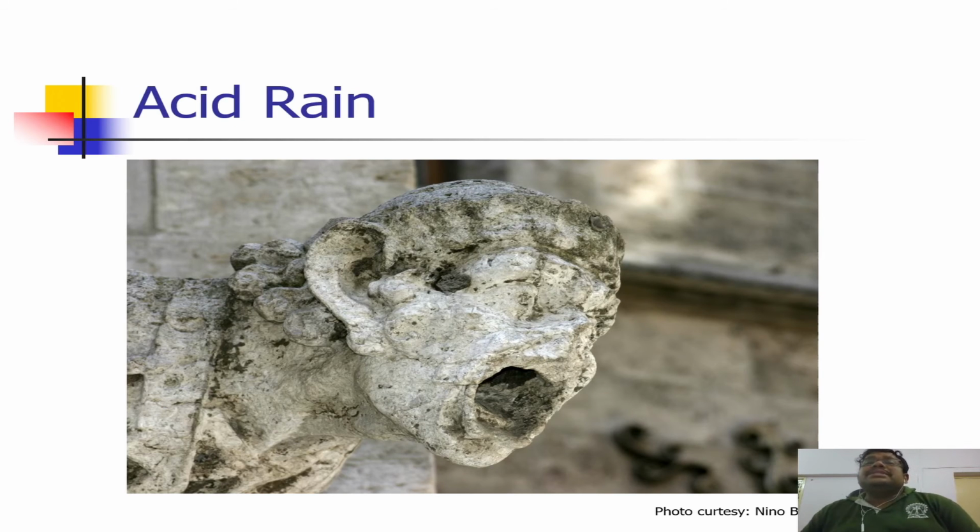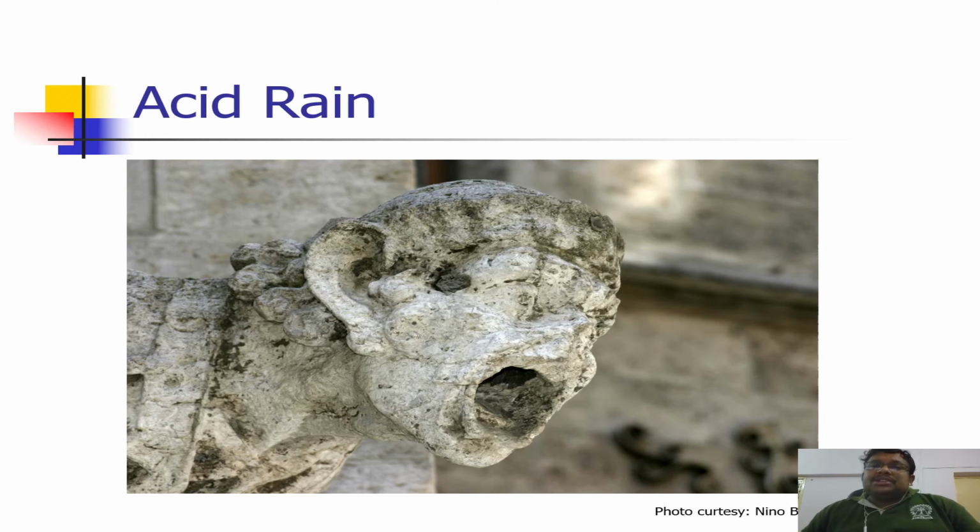Acid rain, as you know, is a very important environmental aspect. Acid rain generally happens when there are automobile exhaust and carbon dioxide emissions from different automobiles as well as different industries, and also nitrogen oxides.